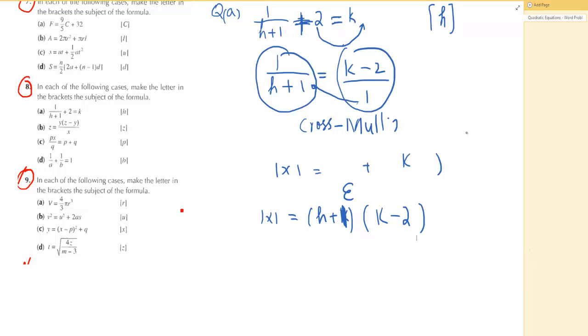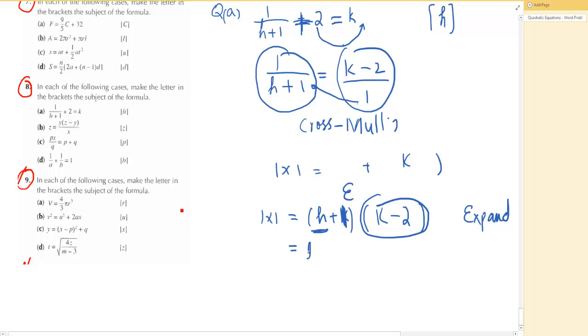Look here, how to expand. Look the way we can expand. This is the very smart way. Multiply this h with this whole factor. This is a very good way of expanding. Multiply this h with this whole factor, and then multiply this one with the same whole factor.